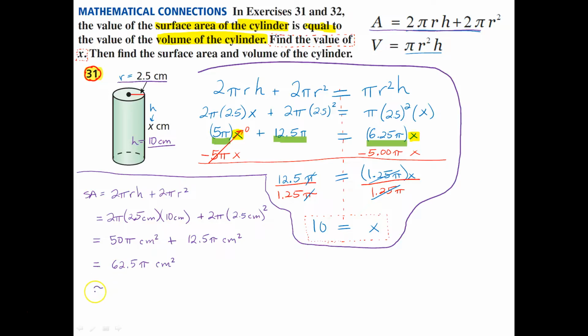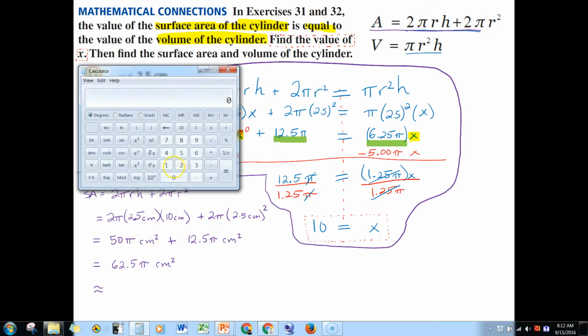And then if you wanted to get an approximate value, because most people can't visualize what that many pi's looks like, you would just grab a calculator. 62.5 times, and if there's no pi button, I know on this there's a pi button. 196 point blah blah blah, and we'll go ahead and round to 2 decimal places here, so 196.35, because it's a 9 following the 34, and that's closer to 35 than to 34.